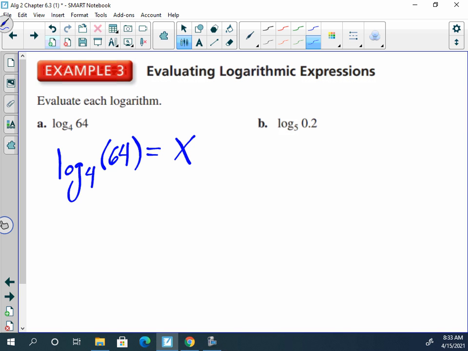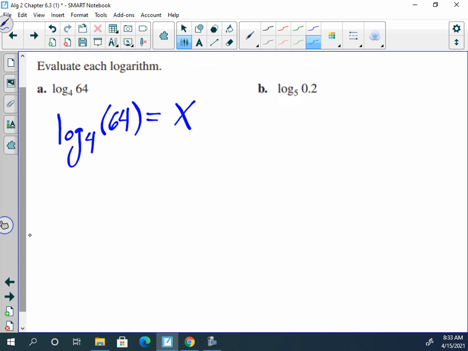So if I rewrote this as an exponential, we would have 4 to the x is equal to 64. So 4 to what power is 64?